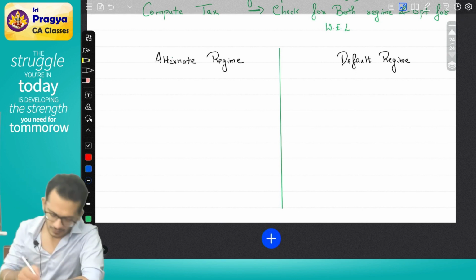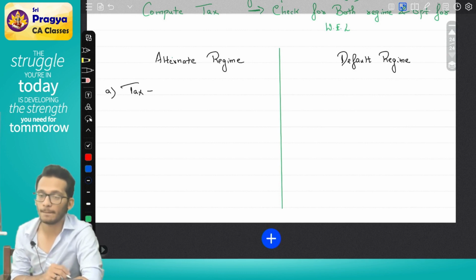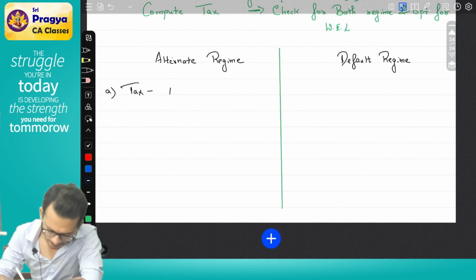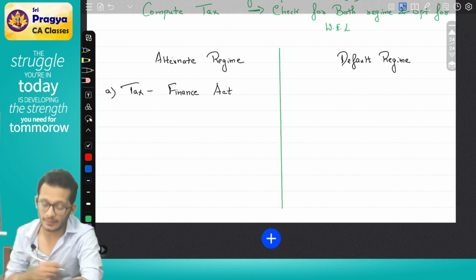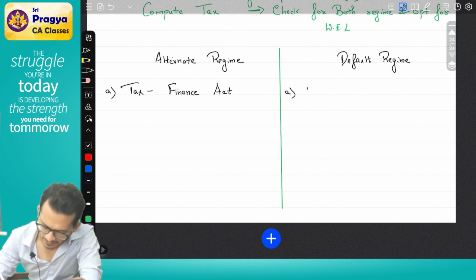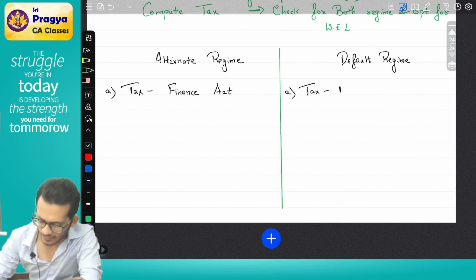Tax given under, where is the tax given under? The tax is given under the Finance Act. In the default regime, tax is given under 115BAC.